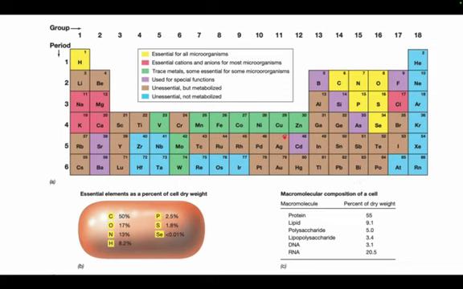So here you can see the nutrients that are required for microorganisms. You see that there's a selection of some nutrients that are essential for all microorganisms. That is basically hydrogen, carbon, nitrogen, oxygen, phosphorus, sulfur, and selenium.